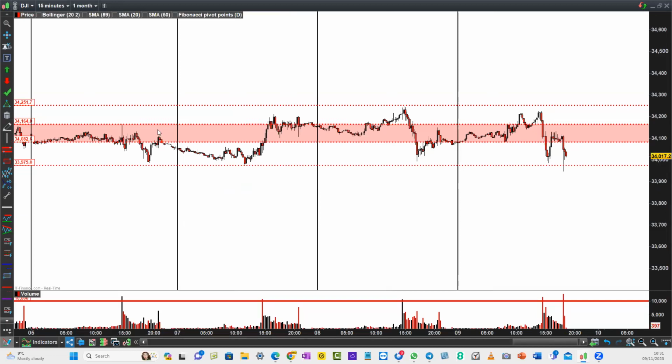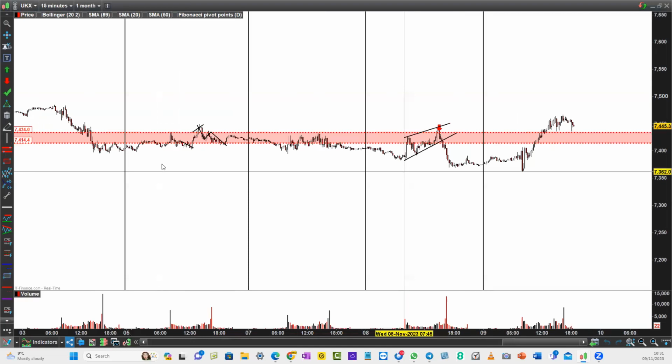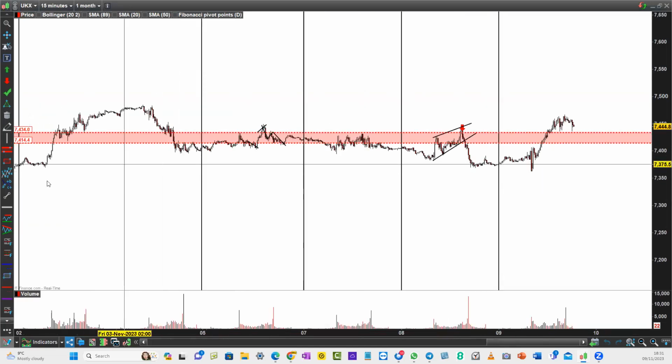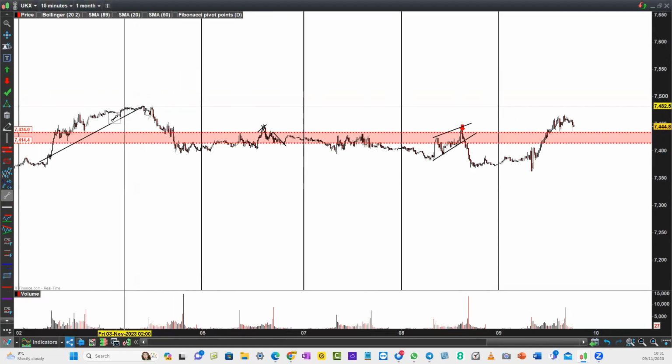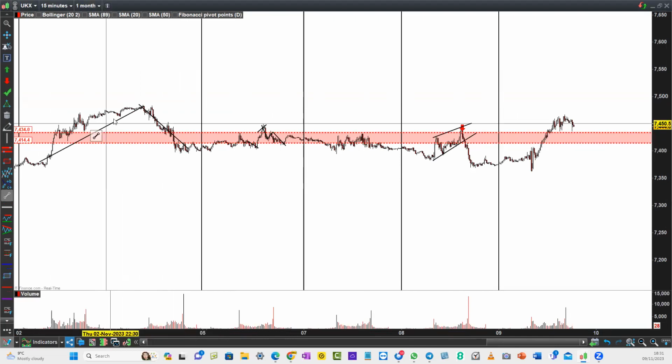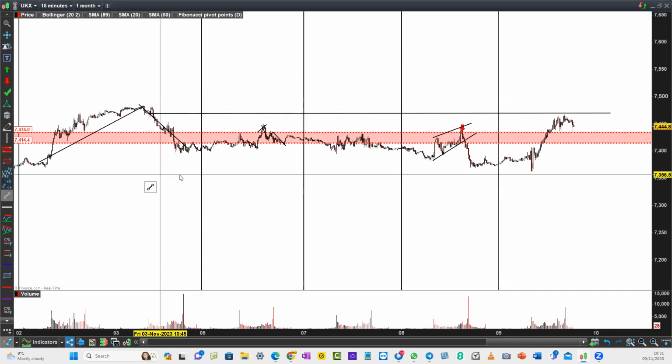But I have left something on the table with this FTSE. Because if you look at what happened on Friday last week, we ran up and then sold into the highs on Friday. And all we've done today is get close to that Friday resistance.